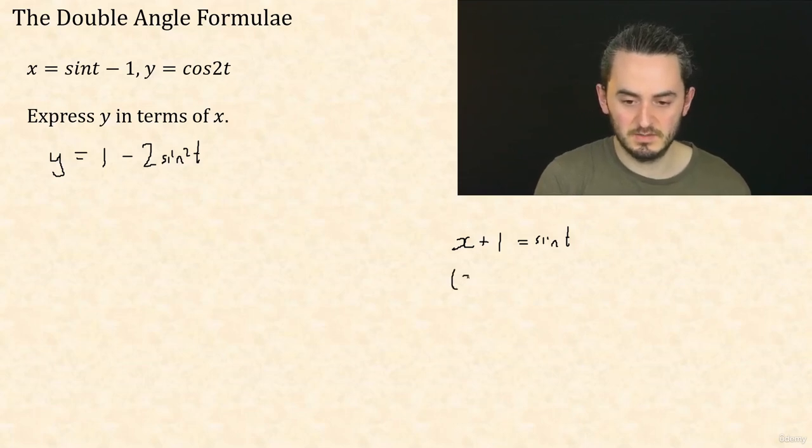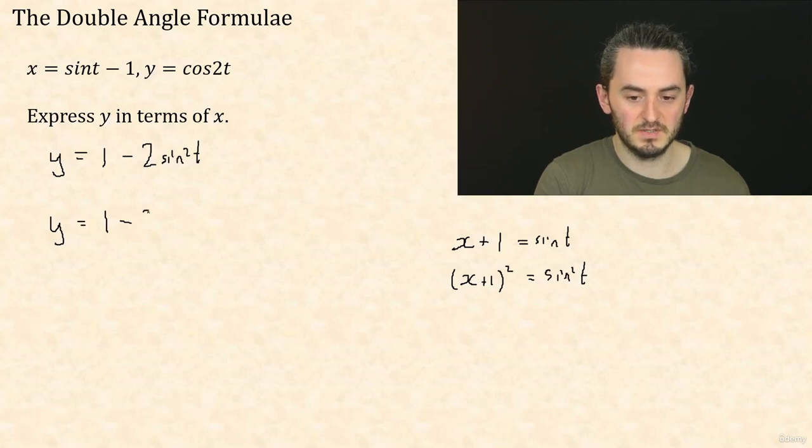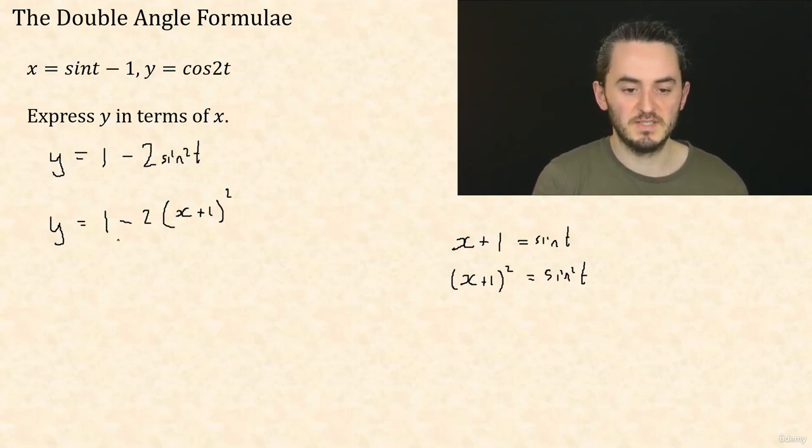That's all right. Sine squared t is x plus 1 squared. So what I can say is that y is 1 minus 2 sine squared t, which is 1 minus 2 times (x plus 1) squared. And I could neaten this up if I wanted, but I'm just going to leave it like that. So I've expressed y in terms of x. There's y in terms of x.